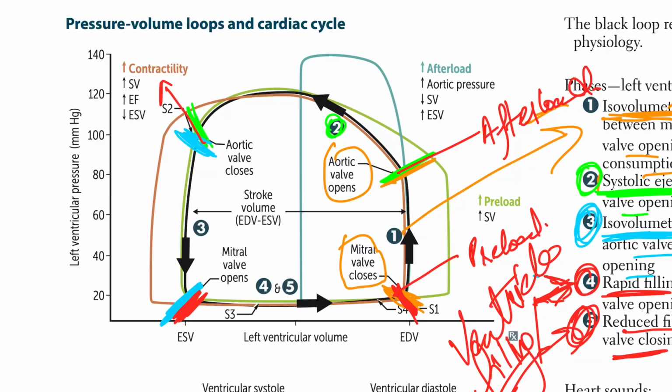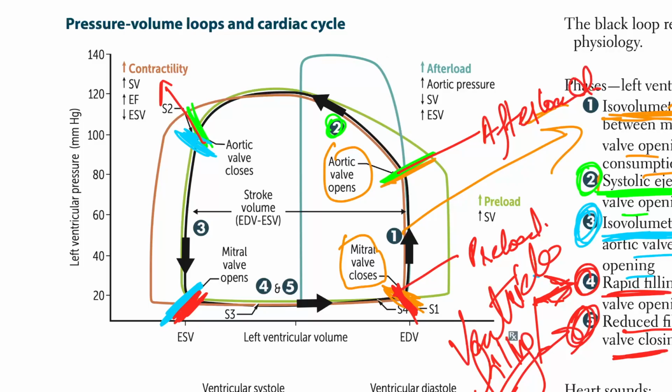Okay, so we say when we increase the preload, which is right here at this point, we increase it to this point. Increasing the preload would increase the stroke volume. And when we increase the afterload, which is this point right here, look at this graph now. We're just increasing the afterload, right?